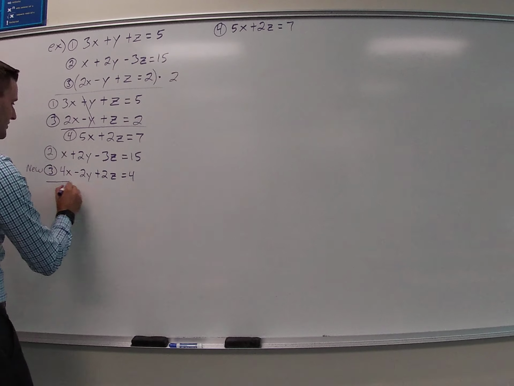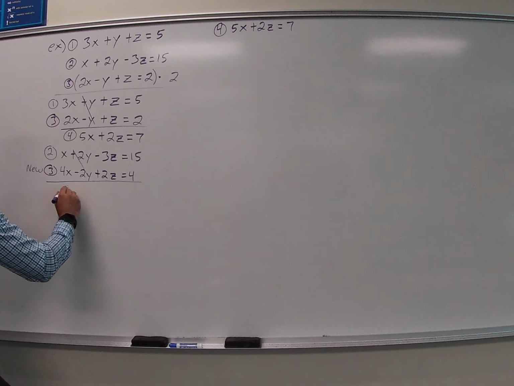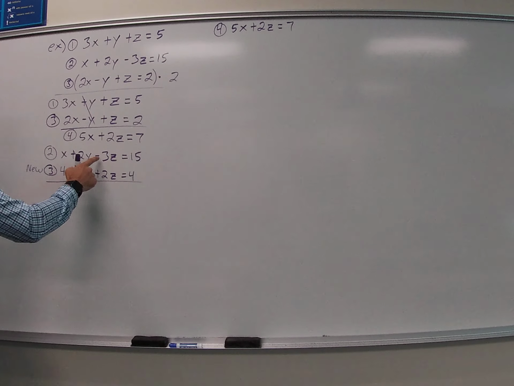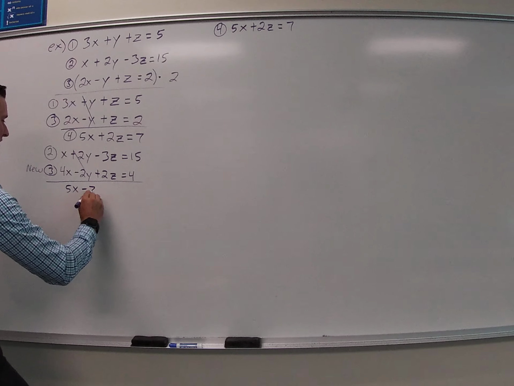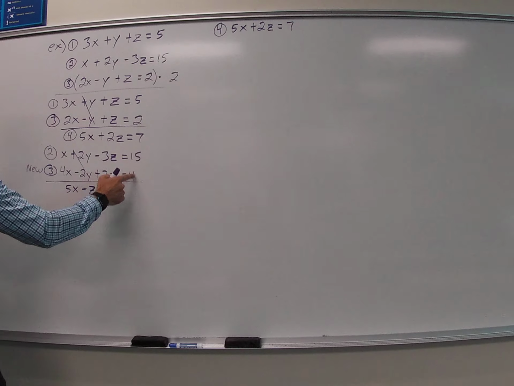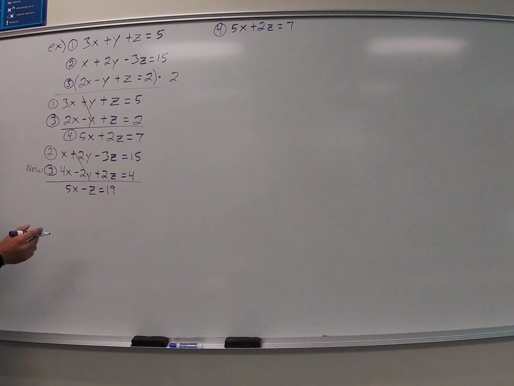Okay, so now here's lines 2 and 3. My y's cancel out just like I hoped. x plus 4x is 5x. A negative 3z plus a 2z is a negative 1z. And then 15 plus 4 is equal to 19. Okay, so this is actually line 5.